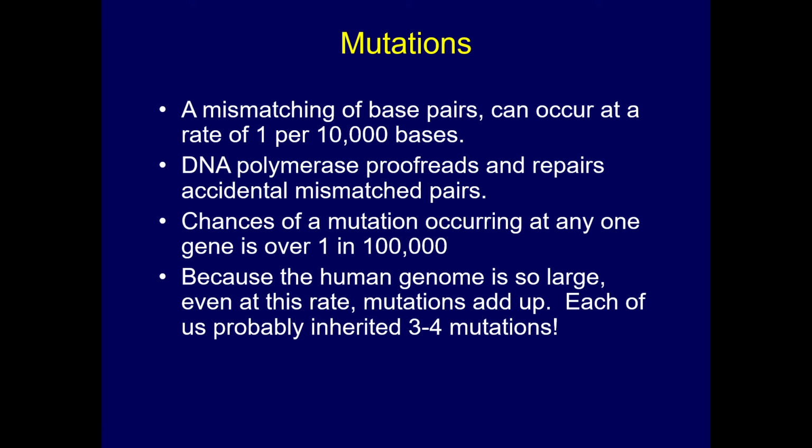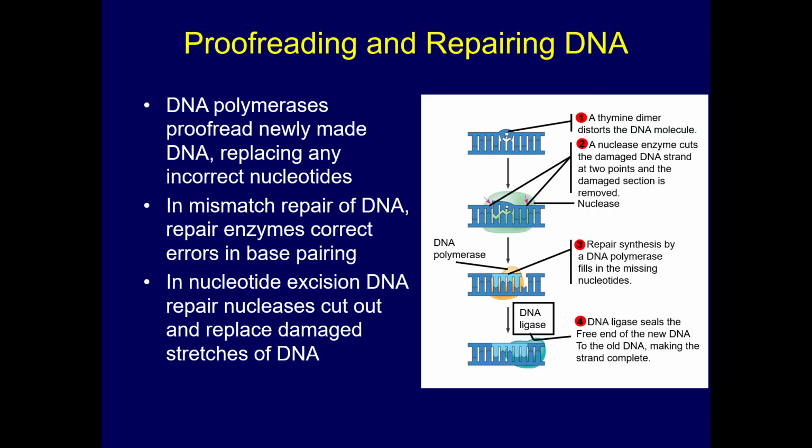Okay, and because the human genome is so large, at that rate, the mutations do end up adding up, and basically every one of us, on average, has about 3 to 4 different mutations in our genes. So there's lots of different ways to proofread and repair, and we've got different enzymes and proteins that help fix those sort of things.